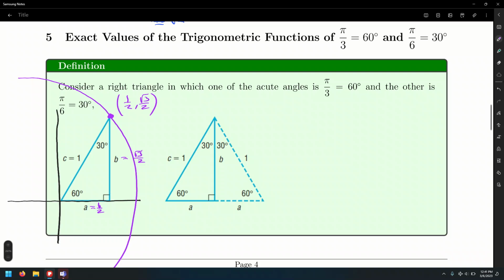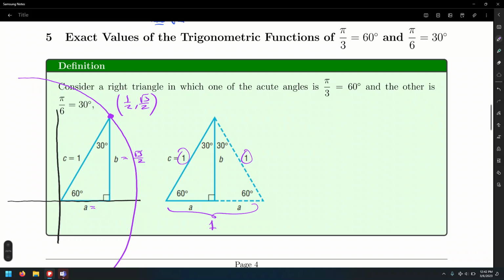And in fact, this particular triangle is called the unit triangle, because the length of each of its sides equals 1. All right? And we're going to use that principle here in order to obtain that half and that root of 3 over 2.